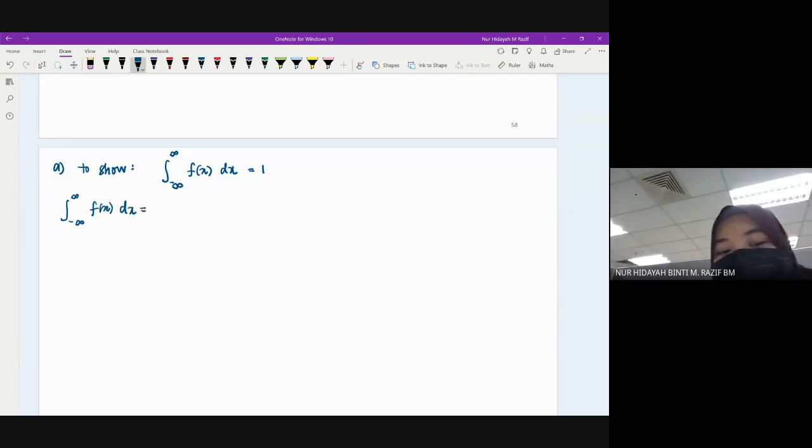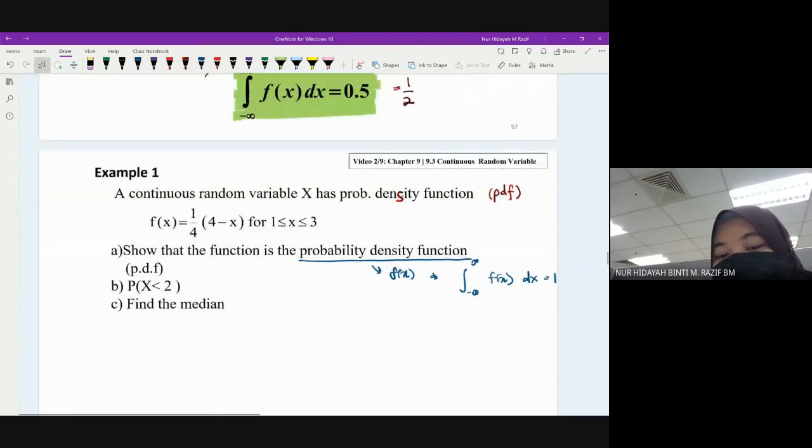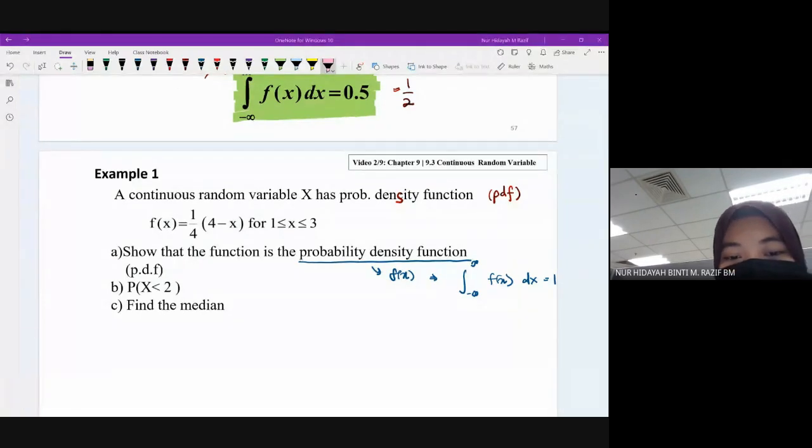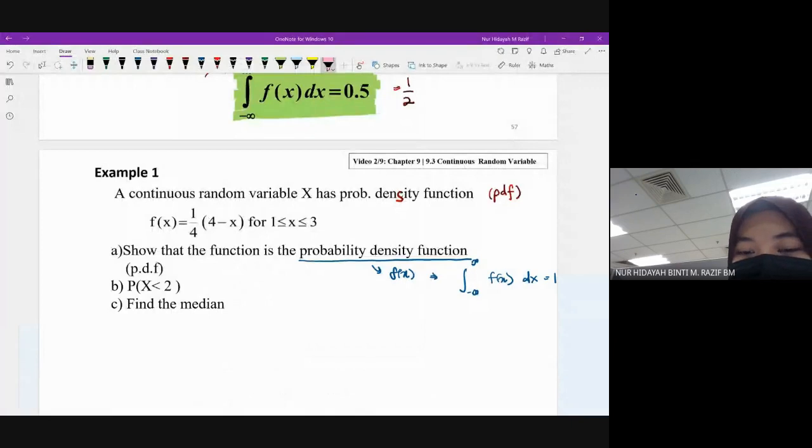Okay, so sebelum kita boleh proceed integrate, boleh tak kita integrate the whole function daripada negative infinity sehingga infinity? Jawapannya kita akan gunakan nilai di sini. Kita akan sort of tulis dia dalam bentuk yang separate yang kita dah pernah belajar dalam chapter 1. Okay, yang mana kita tahu fungsi fx yang diberi dalam soalan ini hanya valid untuk nilai 1 hingga 3 sahaja.